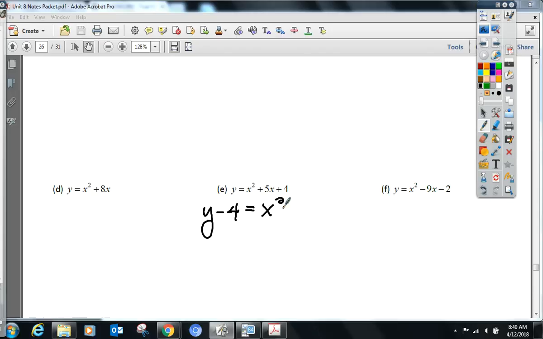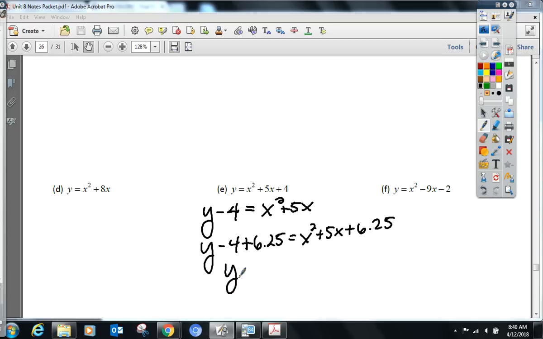And then square it. 6.25. All right, so I add 6.25 to the left side to keep it balanced while keeping 6.25 on the right side. Over here, you get y plus, oh boy, here we go, 2.75. How are we looking? No, it's not. 2.25.